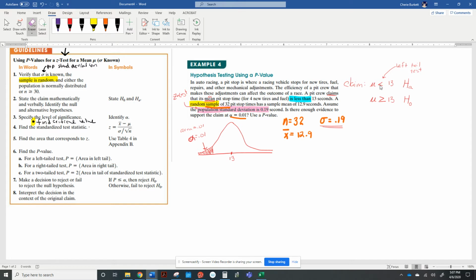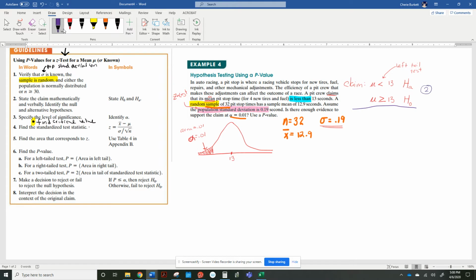Now, the other one, what's the opposite of less than? The opposite of less than is greater than or equal to. Since it contains the equality, that's called the null hypothesis, okay? So all of this right here is step number 2.